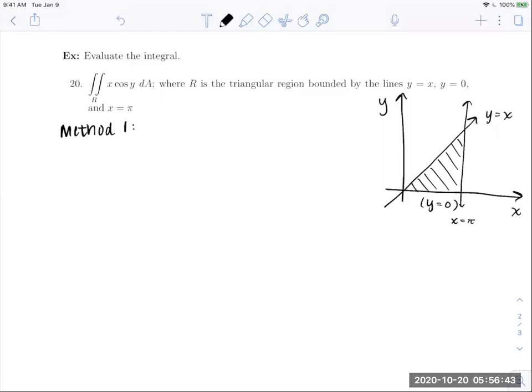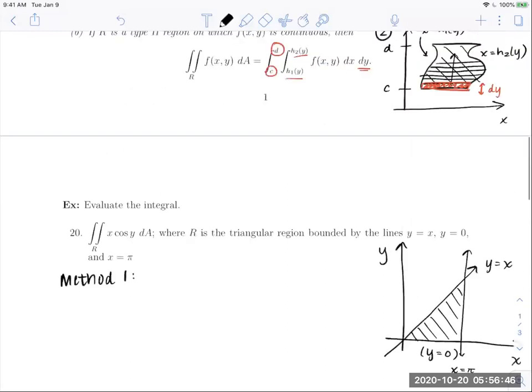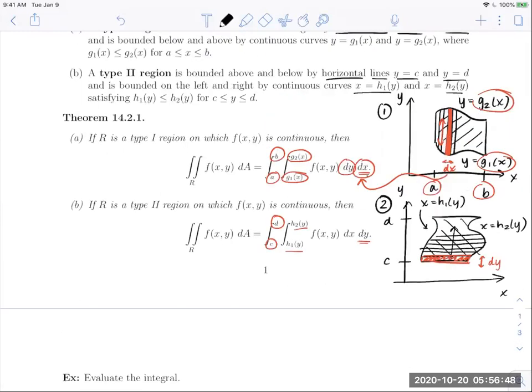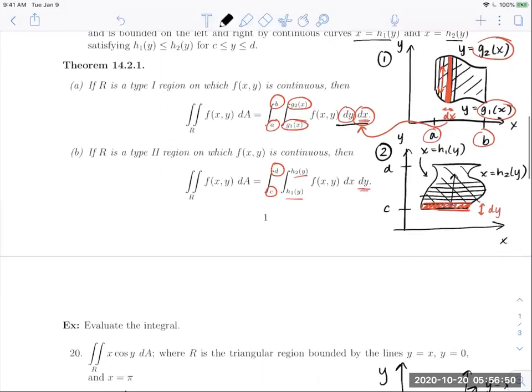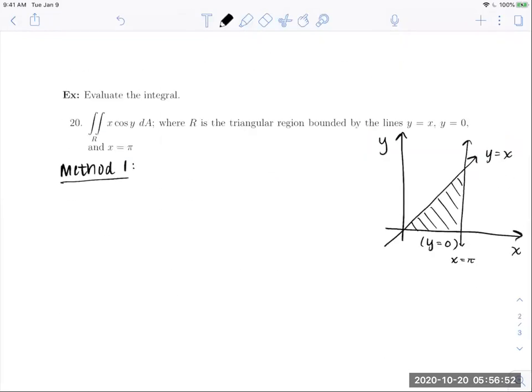And this will be assuming a type 1 region, where we're going to set it up as dy dx. If we're going to consider this as a type 1 region, we're going to take vertical slices.